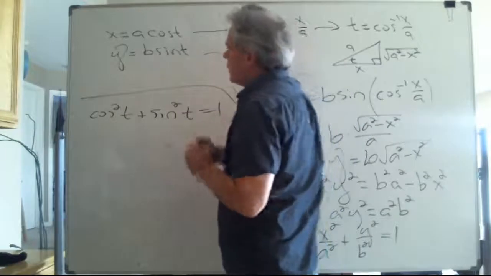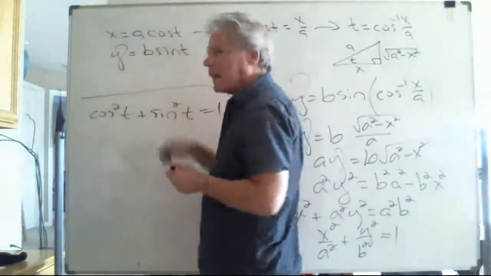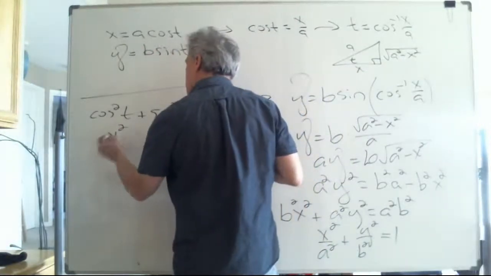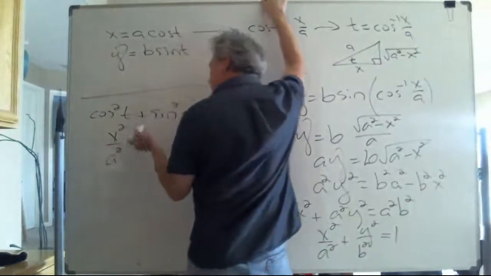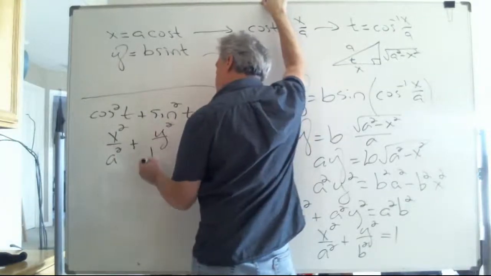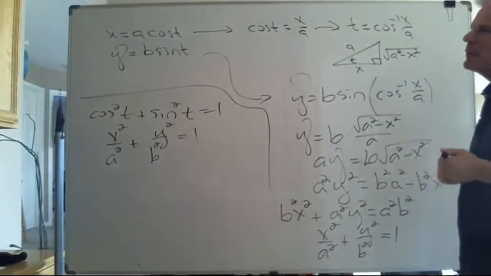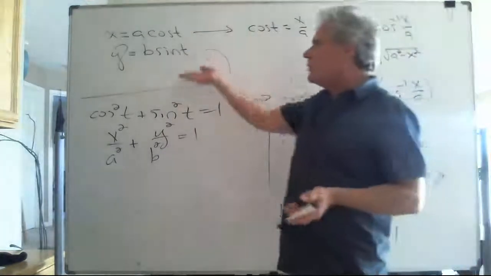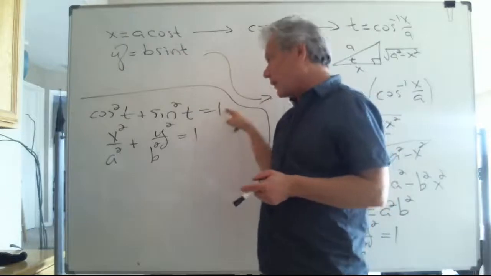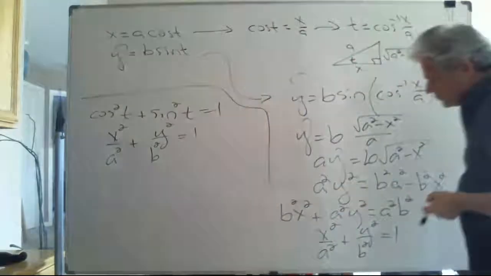It's just that another name for the cosine squared of t is x squared over a squared. And here's another name for the second term. I avoided all that work, but again, it's because the example's a bit contrived. I know a relationship between sine and cosine, and that is one of the most important relationships.